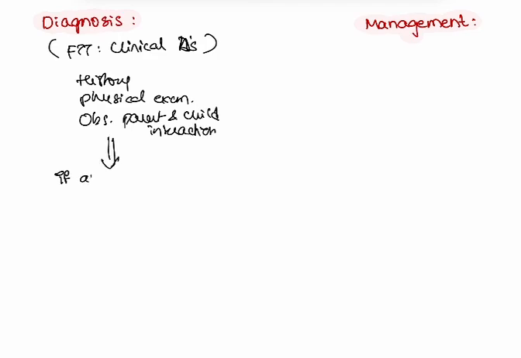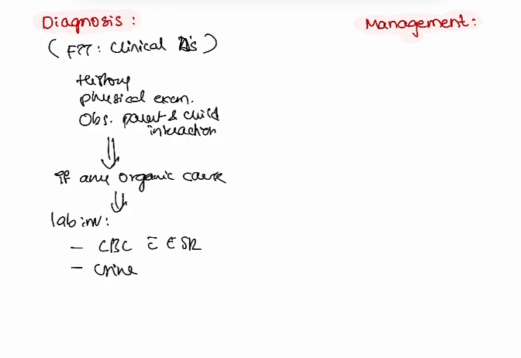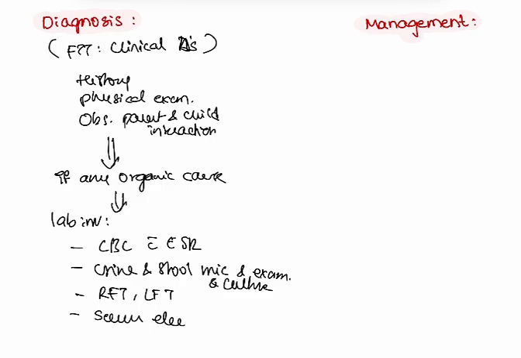If any organic cause is suspected, we have to proceed to lab investigations. Those are CBC with ESR, urine and stool microscopy and examination, microscopic examination and culture, renal function test and liver function tests, serum electrolytes.